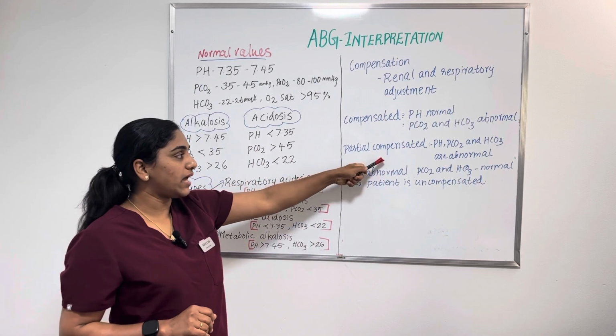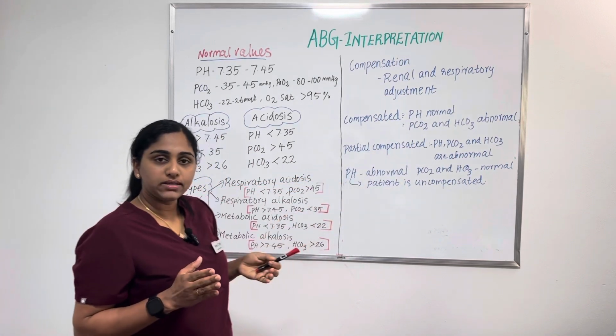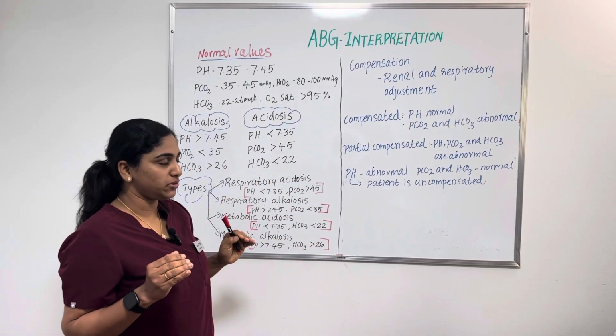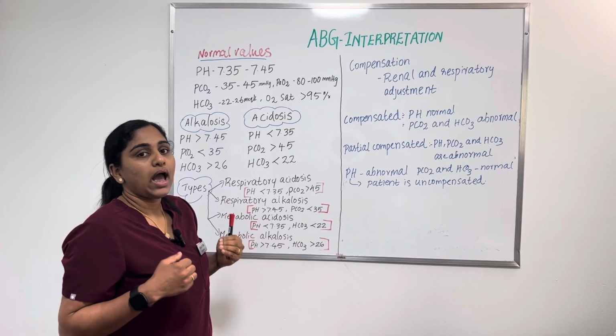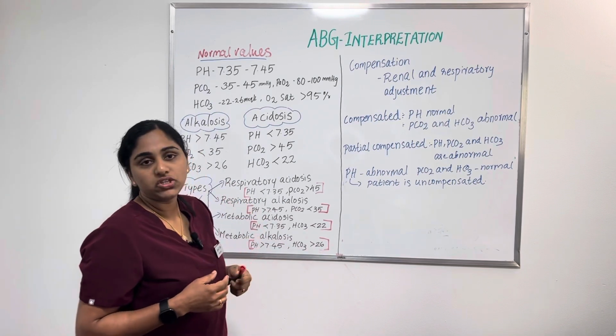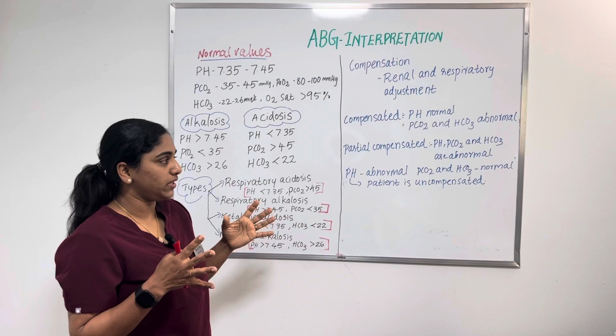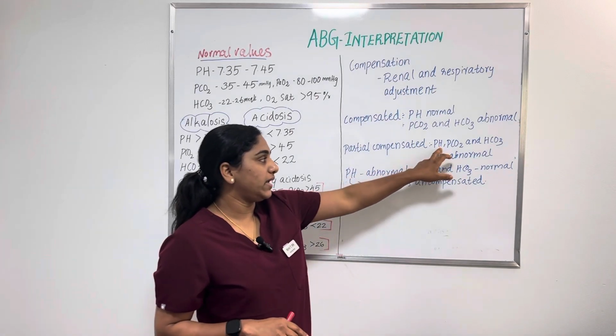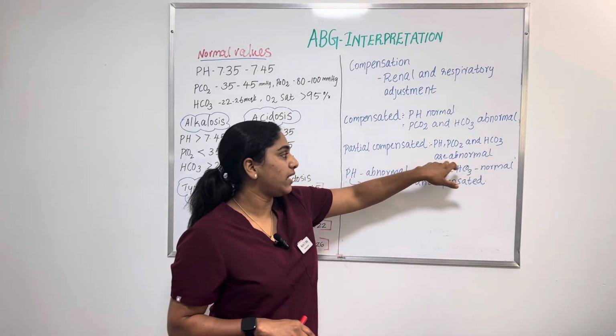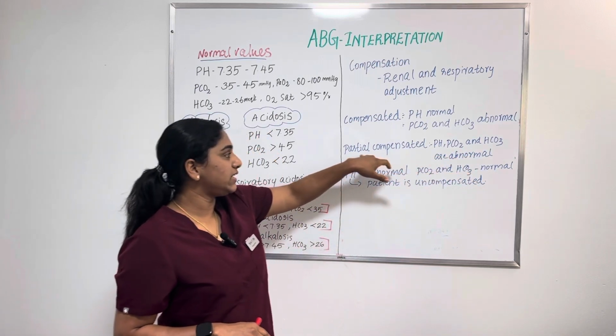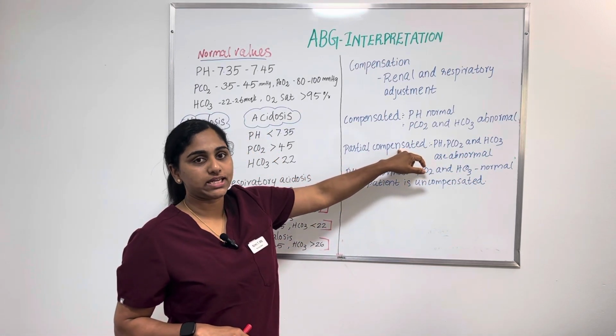The other one is partially compensated, which means the body system is doing the adjustment to maintain the pH within the normal limit. So we can expect that pH, PCO2 and bicarbonate are abnormal. That means it is partially compensated.